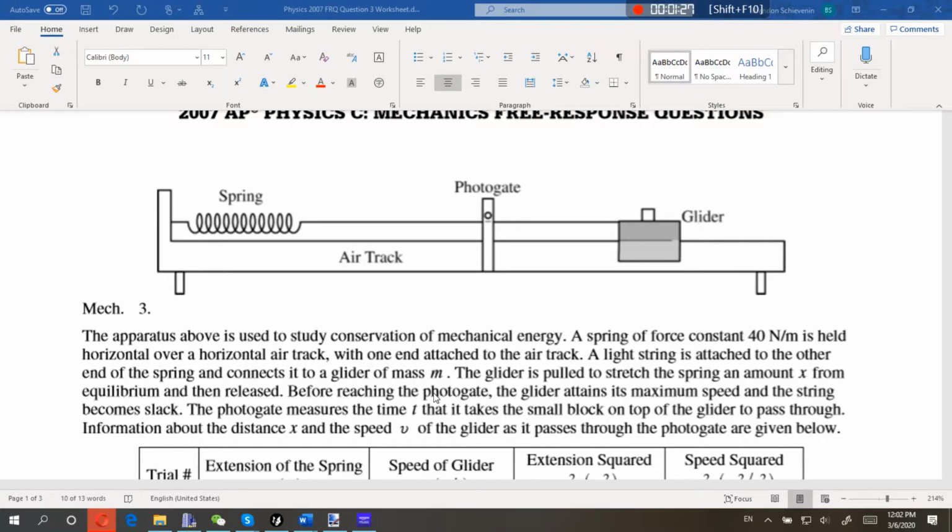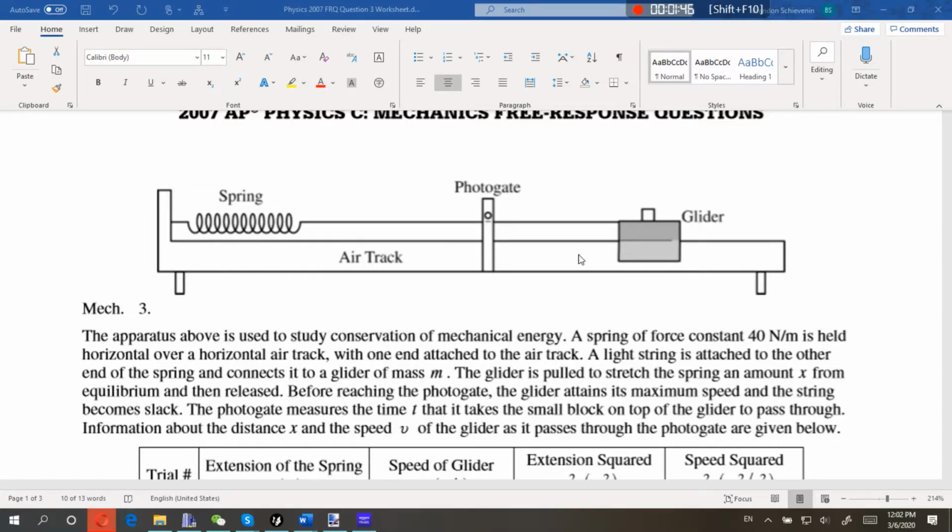Before it reaches the photo gate, it hits its maximum speed and the string becomes slack. So sometime in here, we hit max speed. Then we pass the photo gate and the string is being stretched.